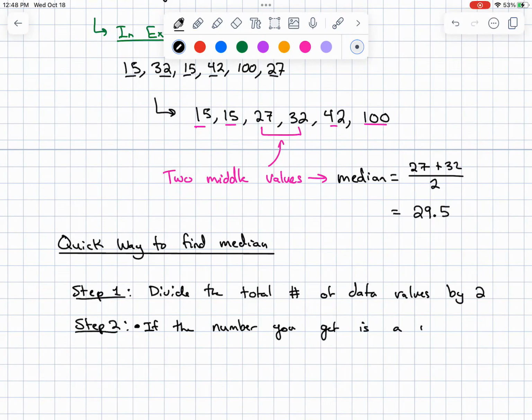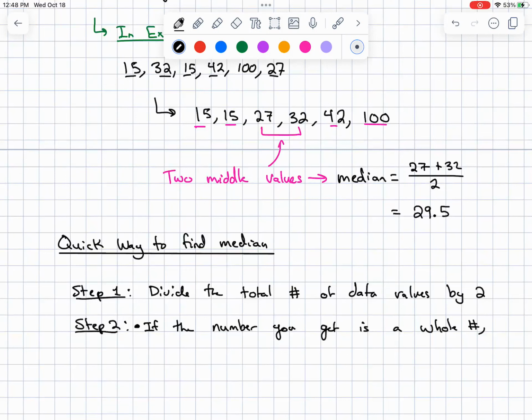If you get a whole number, then, and I'm not liking the way I've written this, but whatever, if the number you get is a whole number, let's call that whole number n.